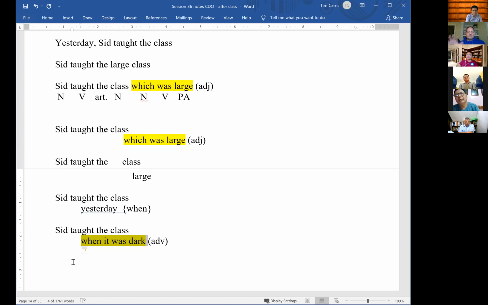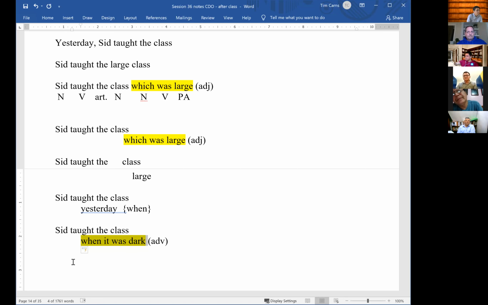Okay, so it's the same concept as far as grammatical function. Adverbs modify verbs. Now, an adverb can be a single word or it can be a group of words. And if it's a group of words, you call it an adverbial phrase or clause, but it's still acting like an adverb.